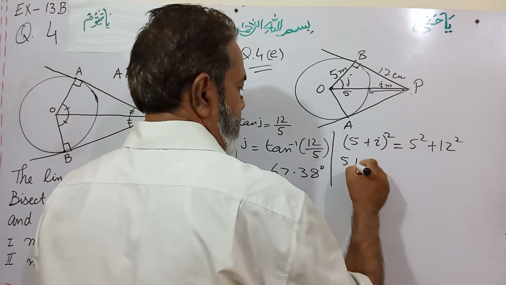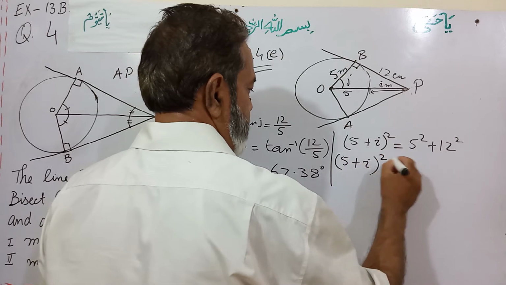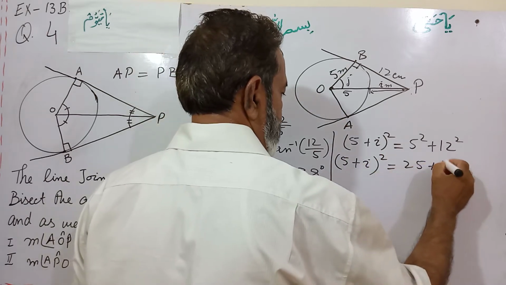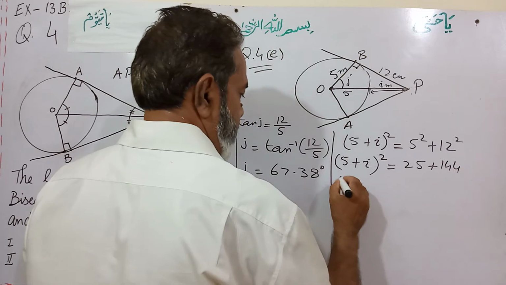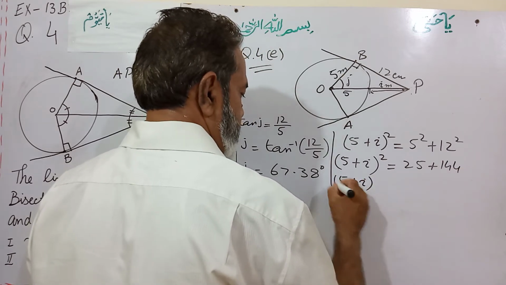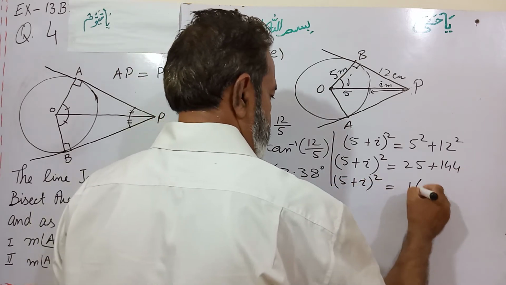So (5 plus I) square is equals to 25 plus 144, which is 169.